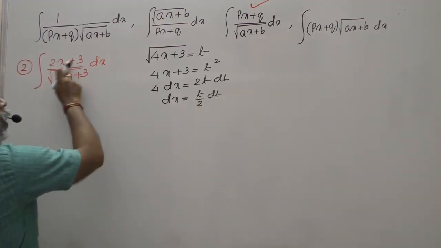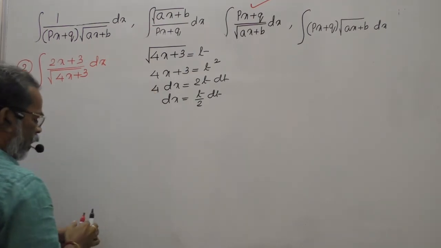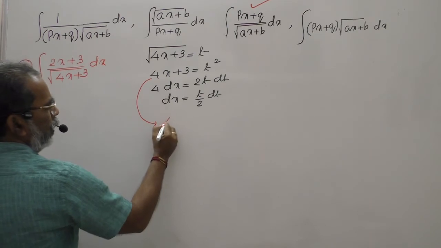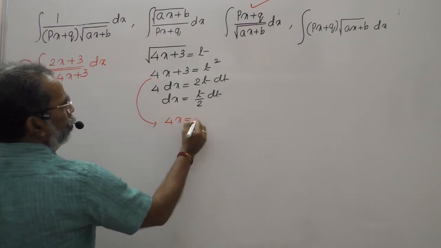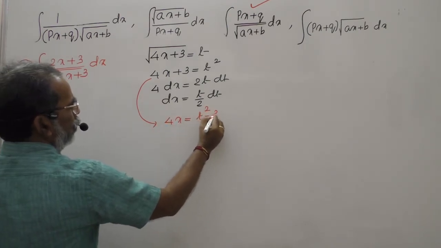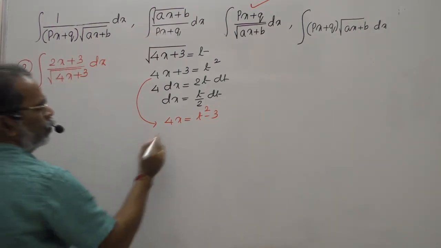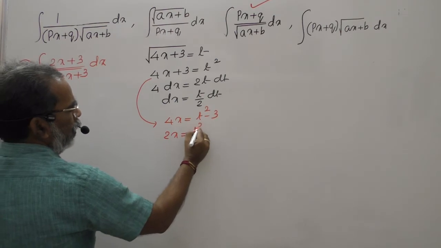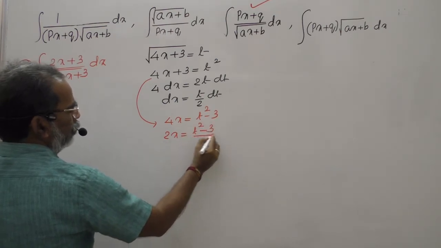Also here 2x plus 3 is there. Therefore, from the substitution, I will write 4x is equal to t square minus 3. I need 2x plus 3. Therefore, I will take 2 here and write it on the right side.